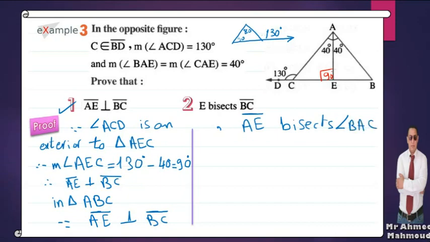That's because we have 40 and 40 here. Then this line bisects angle A.